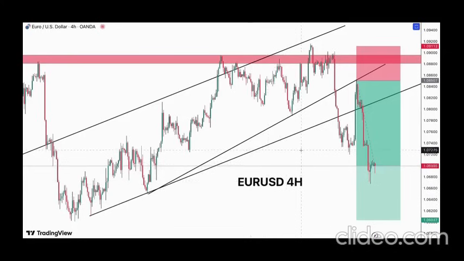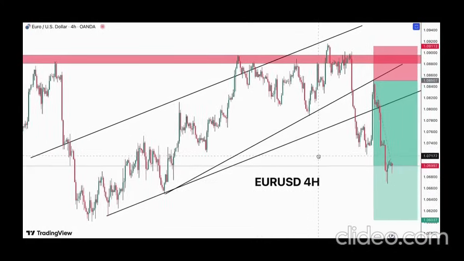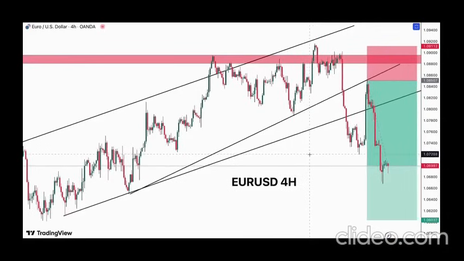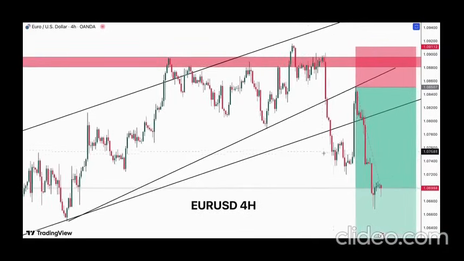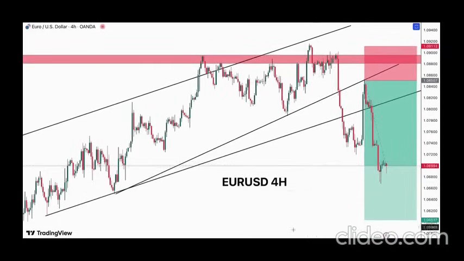Otherwise this analysis won't be helpful, but it helps all people who already took this trade and are holding the trade. So let me take this.